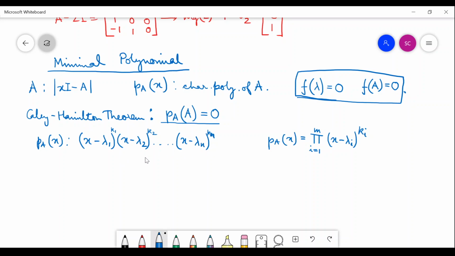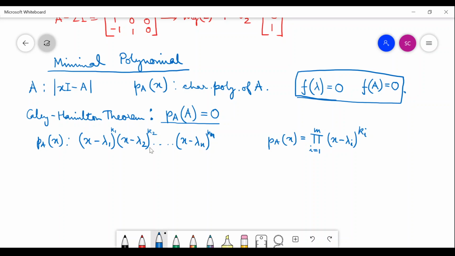If it satisfies, then I will again ask that can I make the power of (x minus lambda 2) also equal to 1, and the matrix A will again satisfy this polynomial. So in this way I am trying to see what is the least order of the polynomial which the matrix A will satisfy.